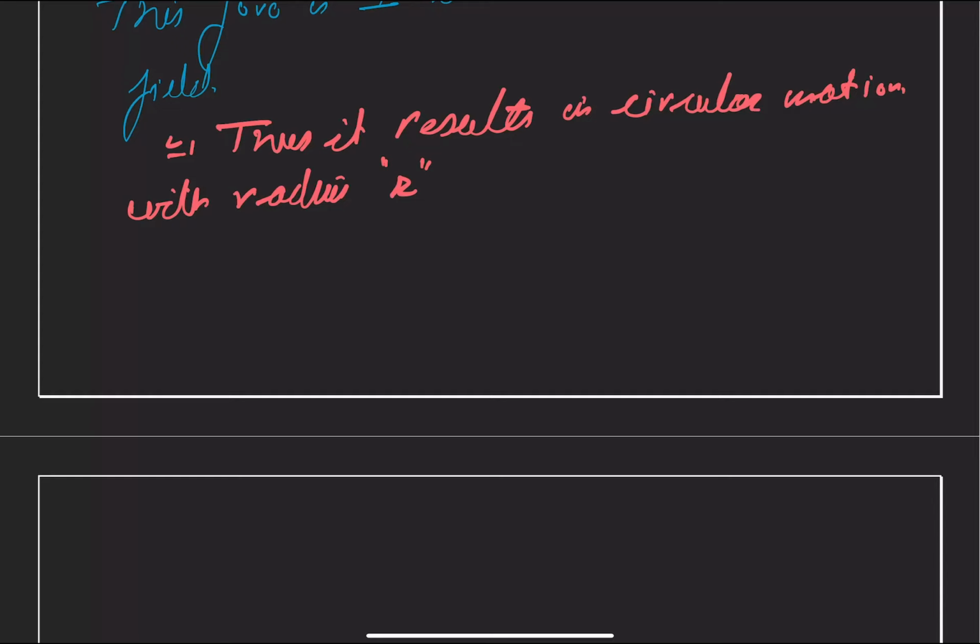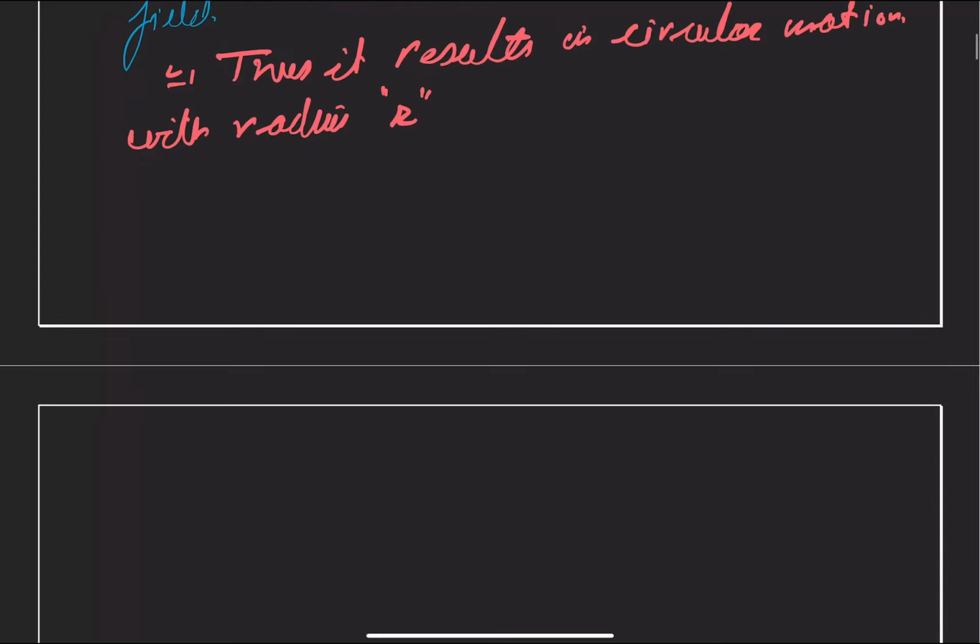Based on this, we can write that our radius will be given as mv divided by qB. So this will be the radius of the circular path.